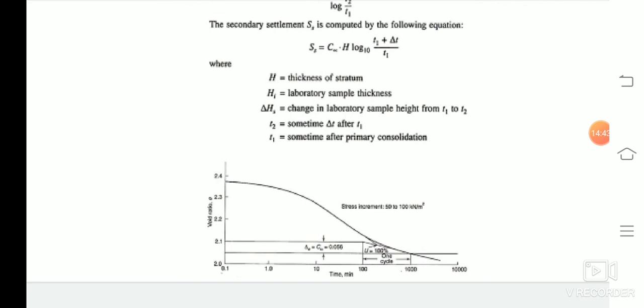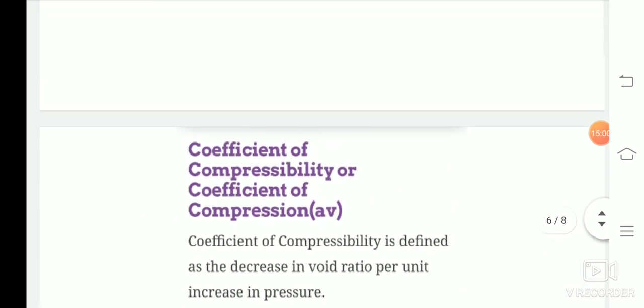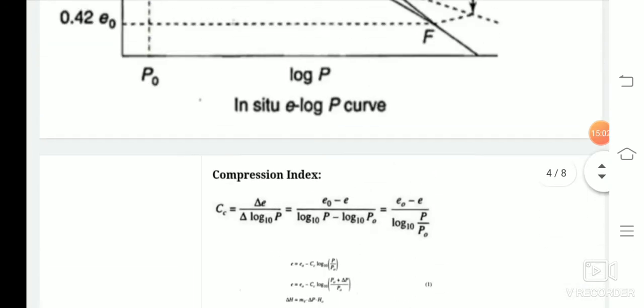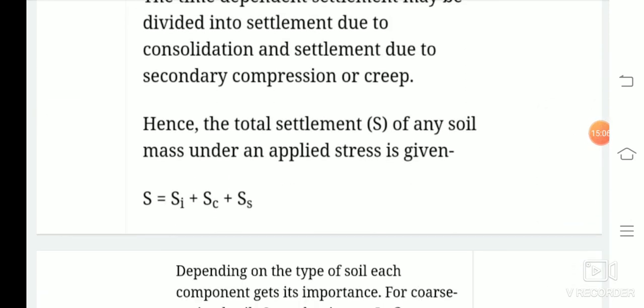Only in the case of organic soil does this settlement come into account. Otherwise this settlement is not considered as important as compared to the primary consolidation. So here we can learn that the main governing parameter for settlement is the primary consolidation settlement.